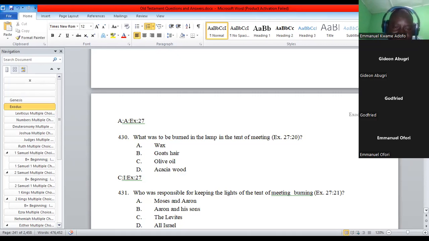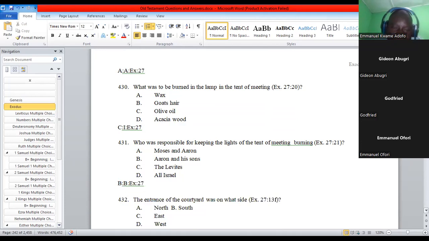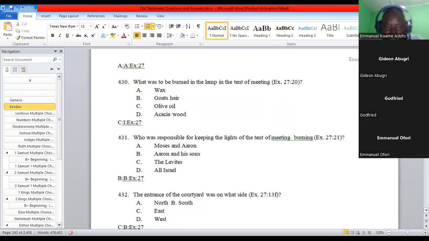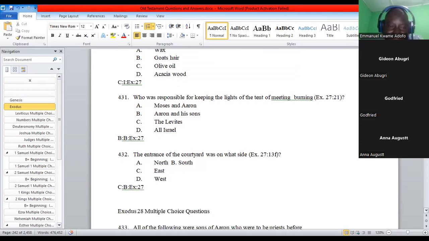Aaron and his sons. So the light is supposed to burn every time. The entrance of the courtyard was on what side? The east. Okay.